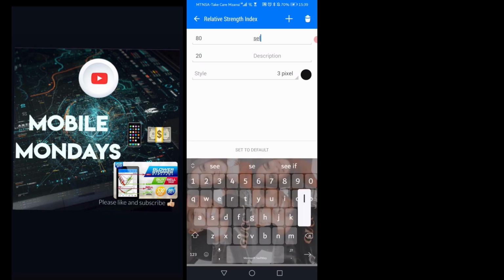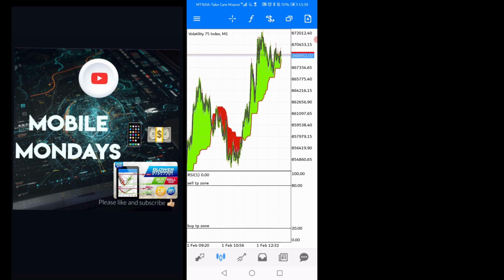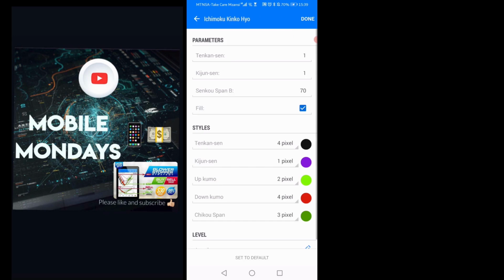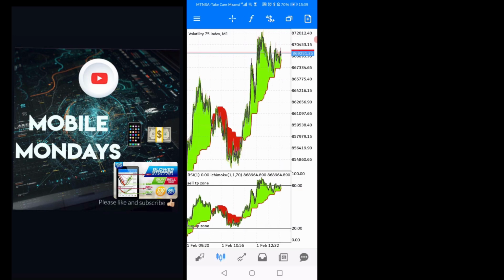We said this is a sell and the TP zone, and this is the buy and TP zone, so take profit zone. Then if we click on done, it should appear, and we're just going to put the Ichimoku in there as well. So now it should look like this.